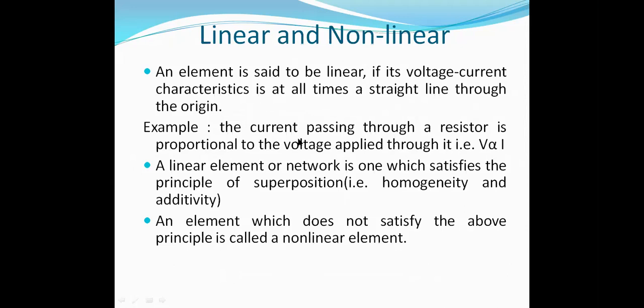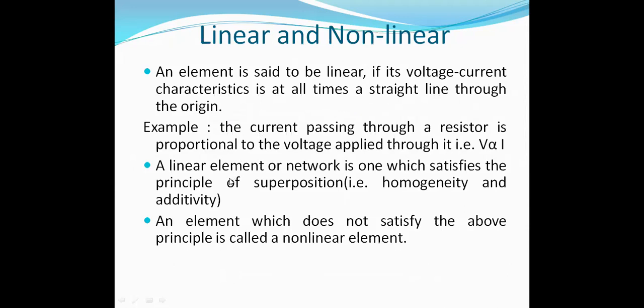The example is the current passing through a resistor, which is proportional to the voltage applied to it. That is, V is directly proportional to I. Removing the proportionality constant, it can be written as V equals I times R. It satisfies the linear property such that it is a straight line through the origin.